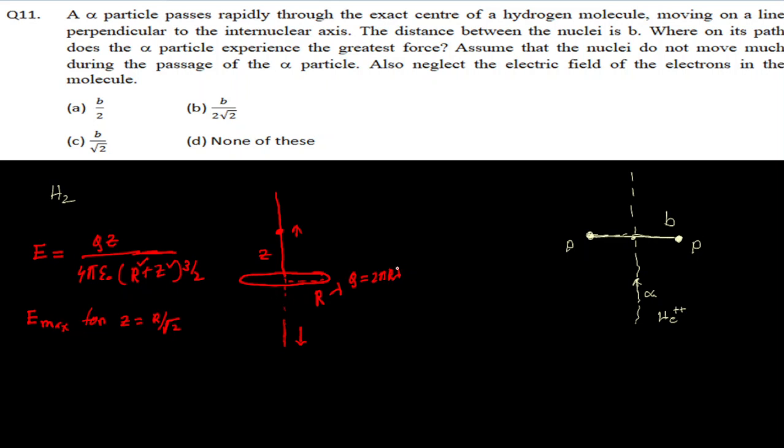Now, a similar electric field we will also get if we place more than one charge on a circular loop symmetrically. Let's say this is a circular loop of radius r. Now, if we place n number of point charges on this circular loop symmetrically, symmetrically means the angle between any two charges must be equal.